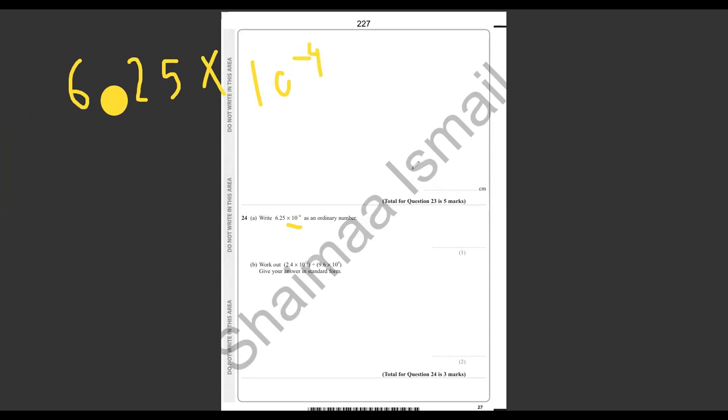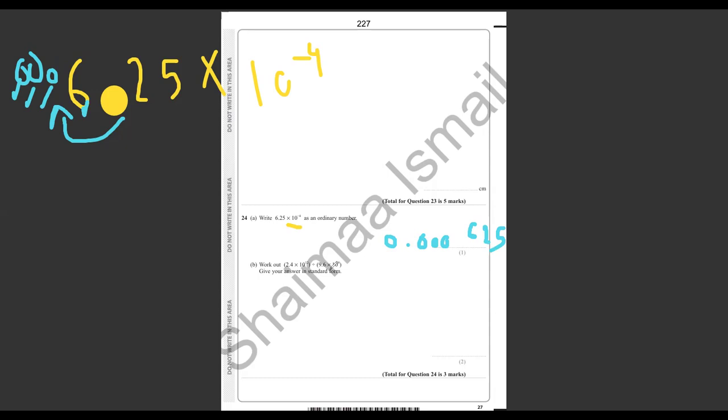So if you multiply by -4, we take this decimal point and move it 4 places to the left. 1, then 2, 3, 4. We don't have any numbers, so we put 0 instead. So it will be 0, 0, 0, 6. And the point will be here before 4 places. 2, 5 here.